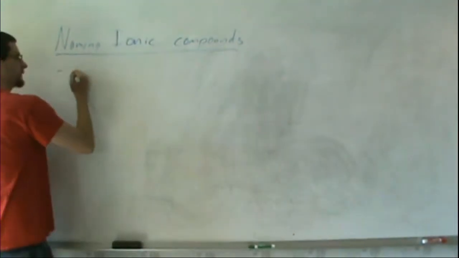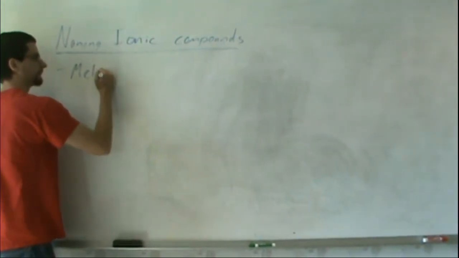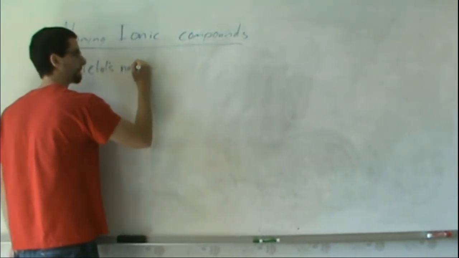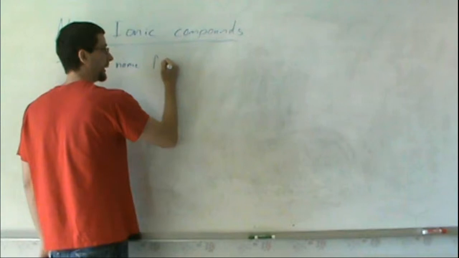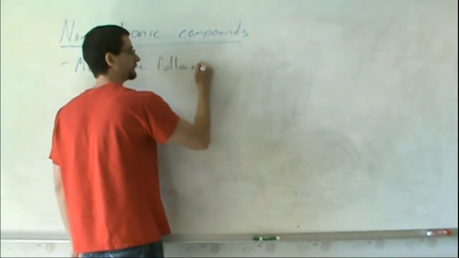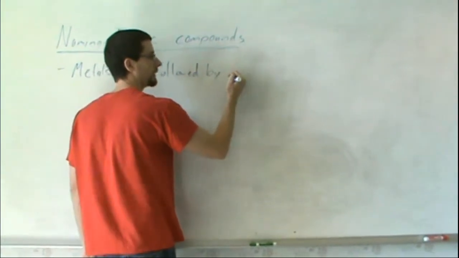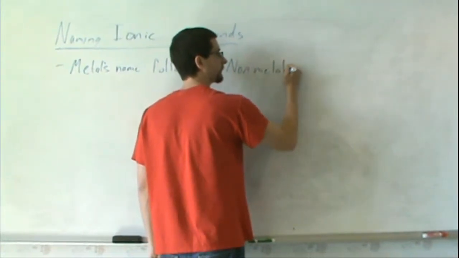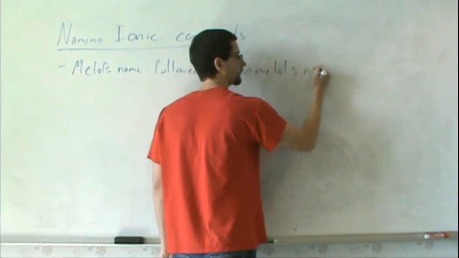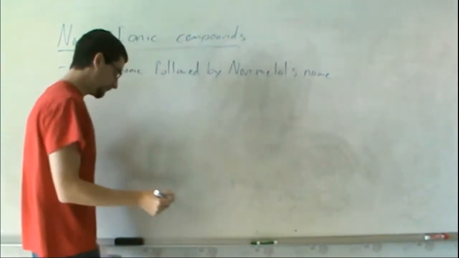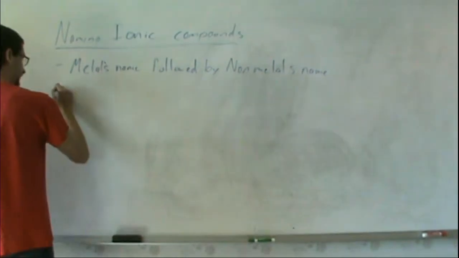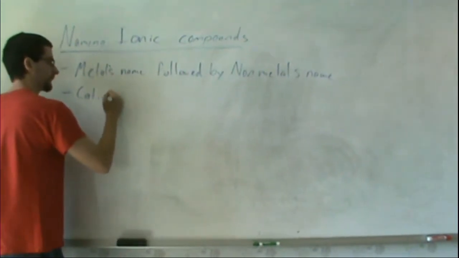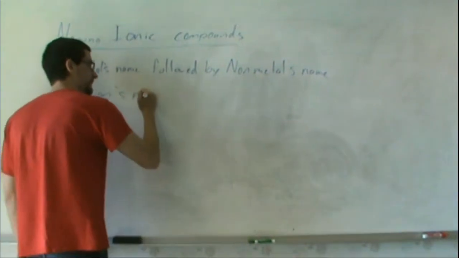So, you usually start with the metal's name, followed by the non-metal's name. The metal would be considered the cation, so the cation's name stays the same.